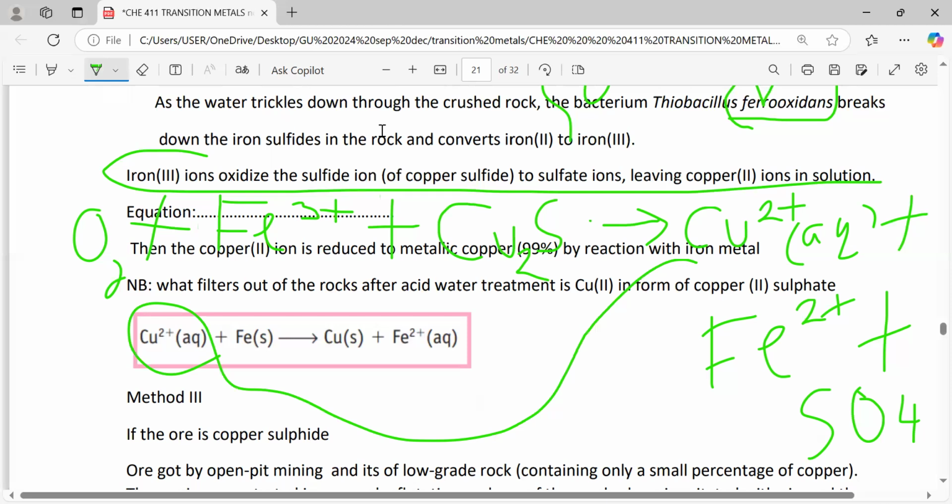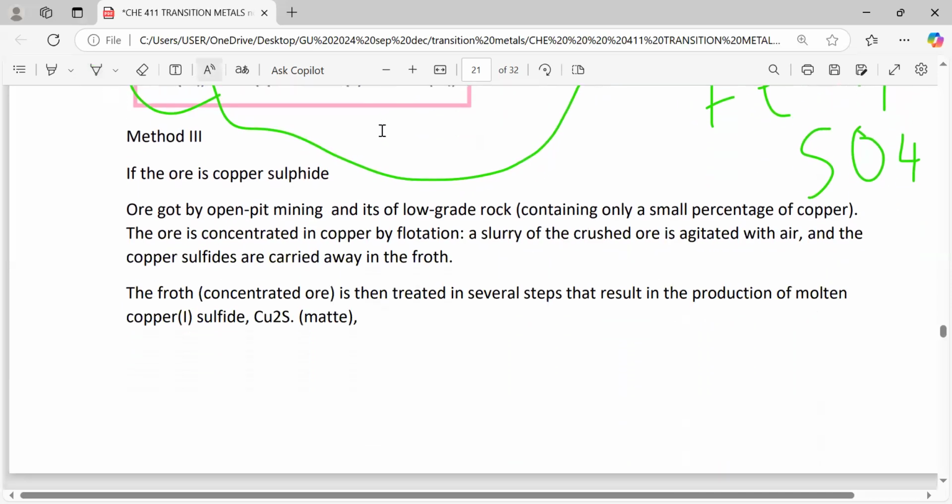It's a bit of a long story, but it's fine. We have to learn. We have no choice. Okay. So the last method is when you have copper sulfide.